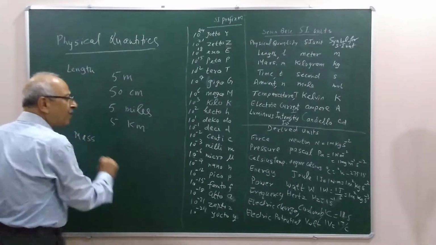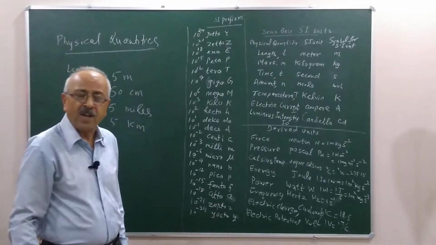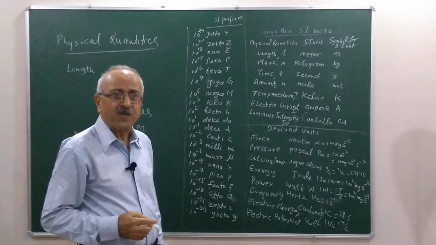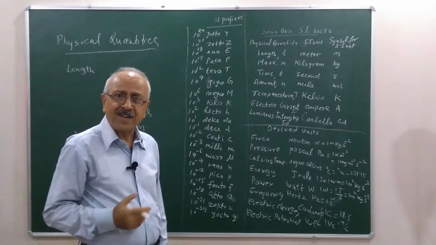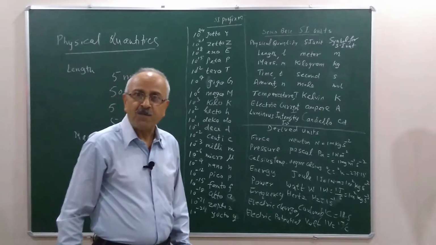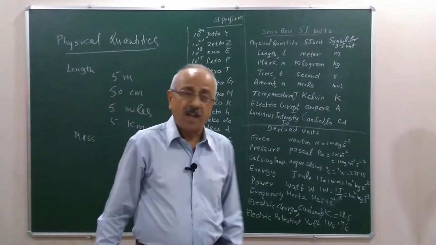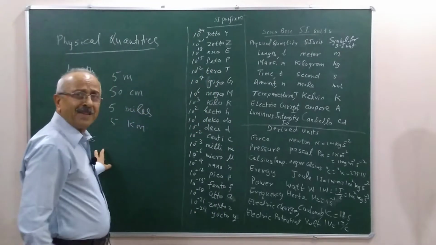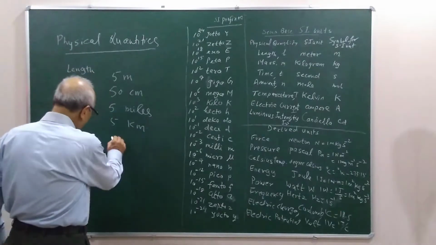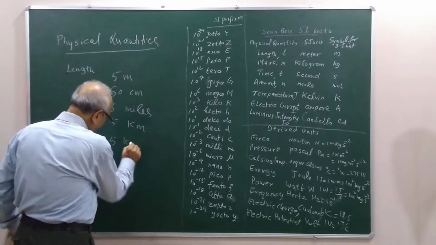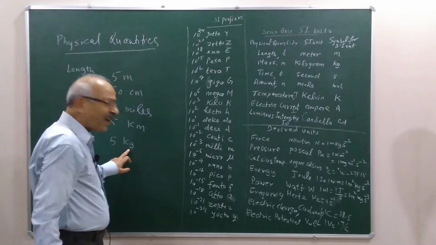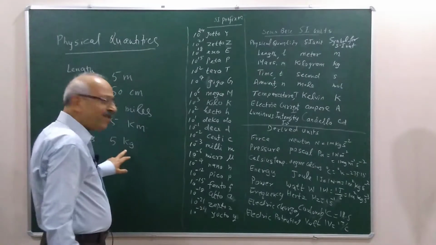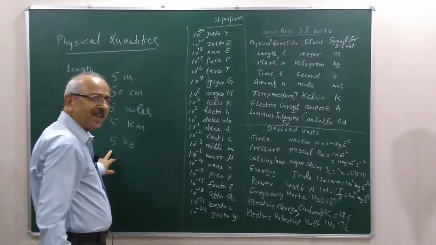Mass is another physical quantity. The mass of a substance is the amount of matter contained in a body, whereas weight is m into g. If I write 5 kg, kg is the unit in which I have done the measurement and 5 is a number.